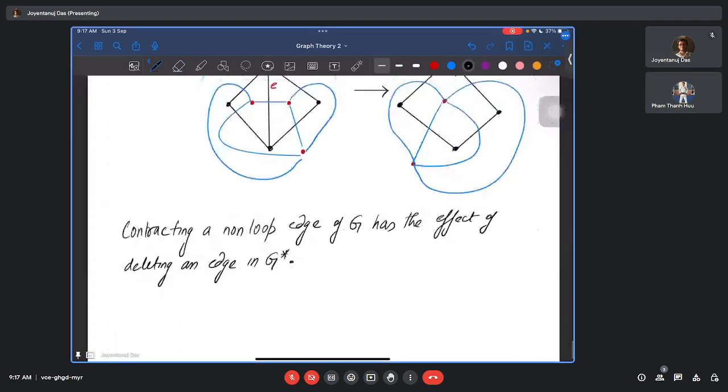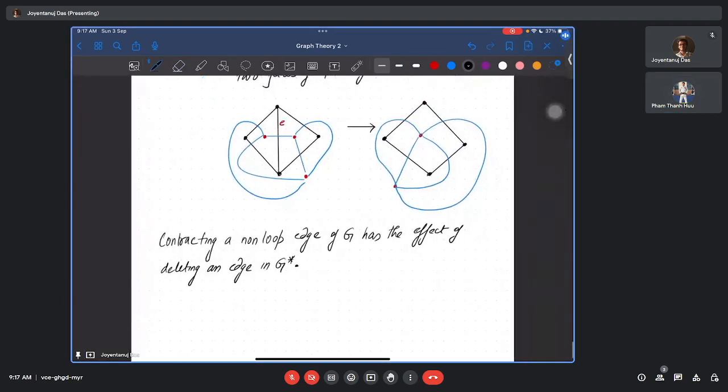So what does it say? Suppose we contract a non-loop edge in G, then correspondingly in G star we will delete an edge.